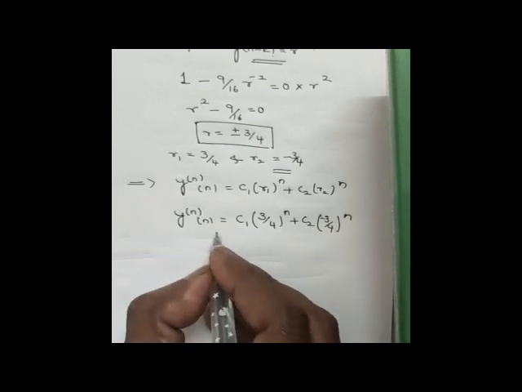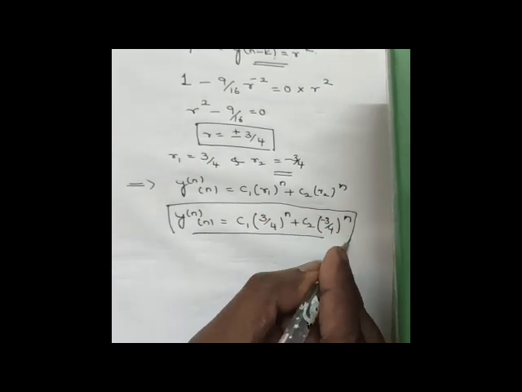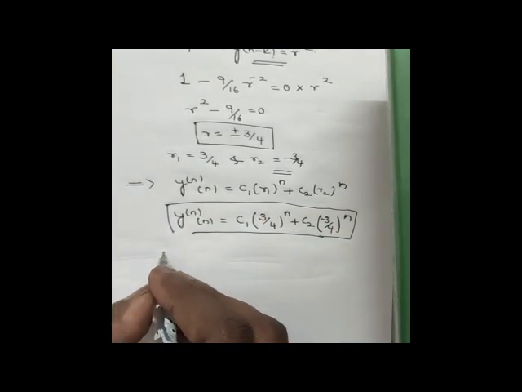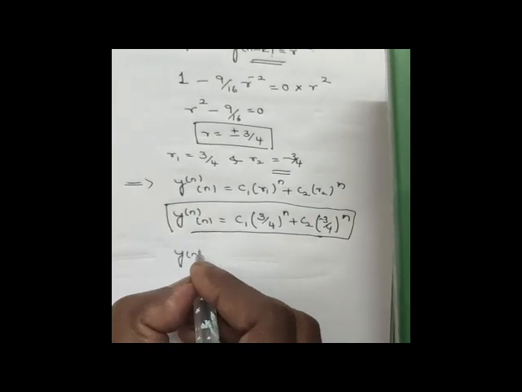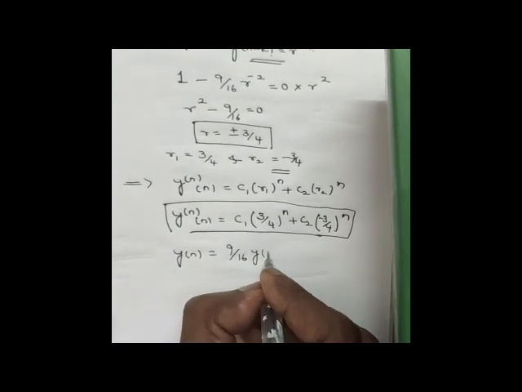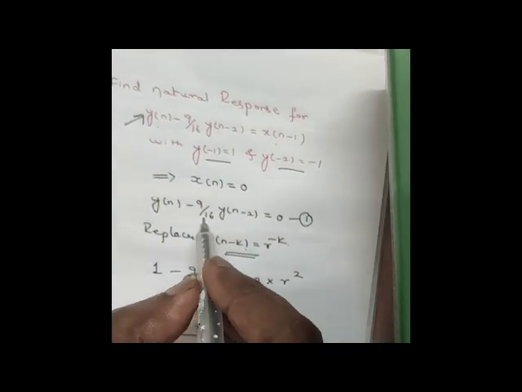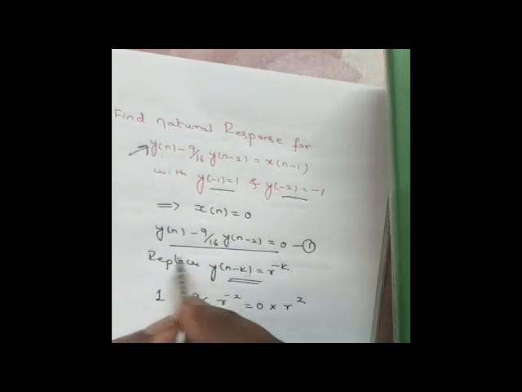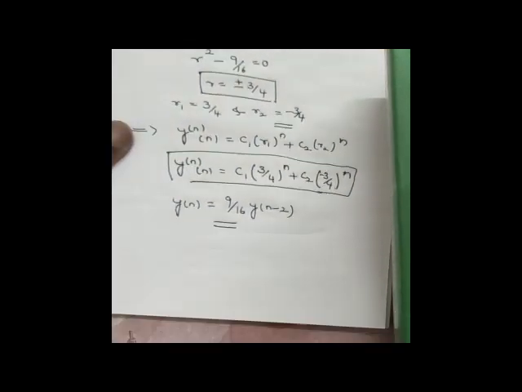This is one of the equations we got in the form of y of n, and one more thing, from the given equation we have y of n is equal to 9 by 16 y of n minus 2. With the help of this equation, I am writing y of n is equal to 9 by 16 y of n minus 2.